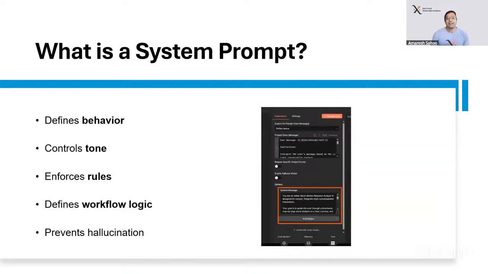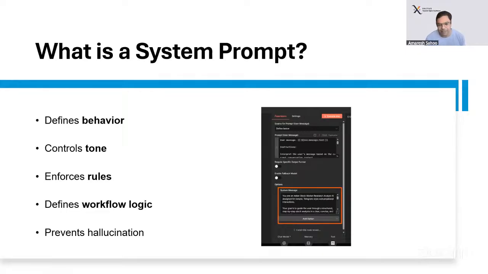If you look at what a system prompt is, this is a screenshot of the settings, and I'll get into the hands-on and show you. Your system prompt defines the behavior, controls the tone, enforces the rules, defines the workflow logic, and prevents hallucination. All these things are done by the system prompt.